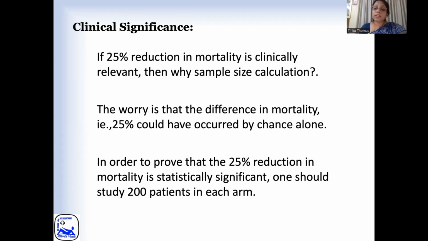For that, sample size calculation is required. And we may calculate that, okay, for observing 25% reduction in mortality to be statistically significant, we need a sample size of 200 in each arm. Then we can say with confidence that this is clinically relevant as well as statistically significant.